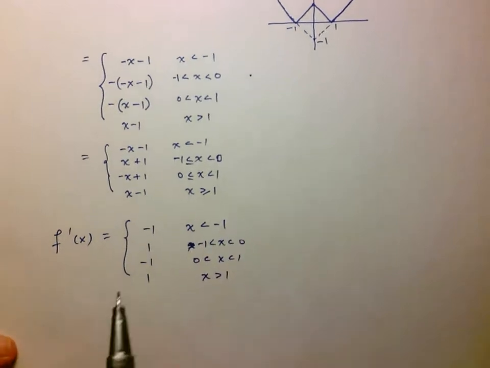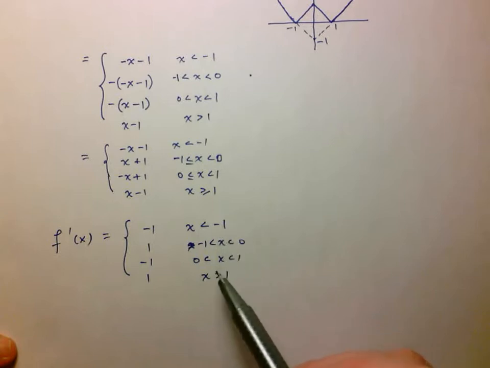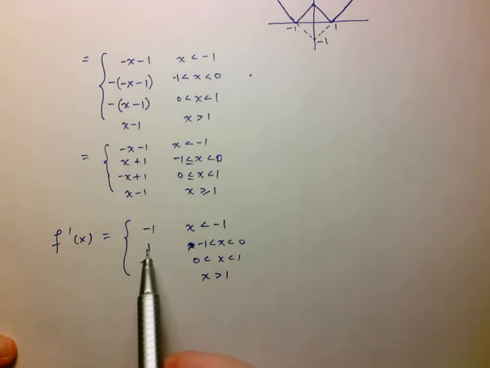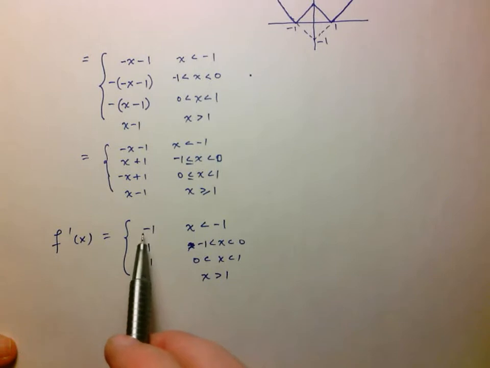Now in terms of the derivatives at these points, negative 1, 0, and 1, I can see clearly that when I approach from the left or from the right, I don't get the same derivative. That happens at negative 1, at 0, and at 1.